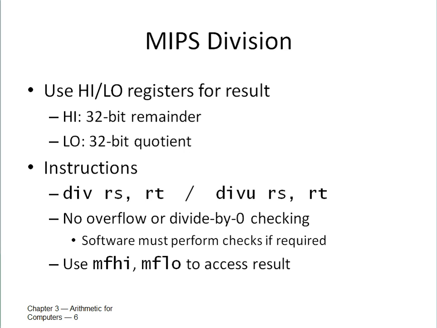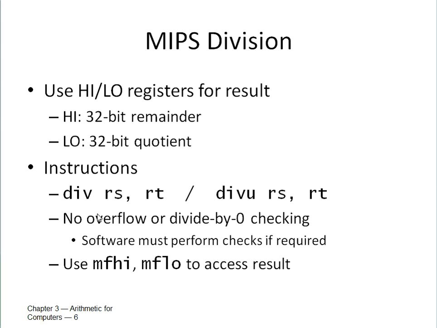So we're going to go into taking a look at what MIPS does, and then we'll do an example. MIPS will again use that high-low that was the result. The high 32 bits will hold the remainder, and we'll show you why that comes in. And then the quotient will be held in low.